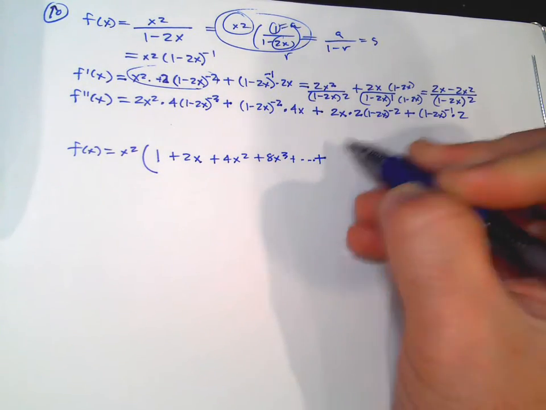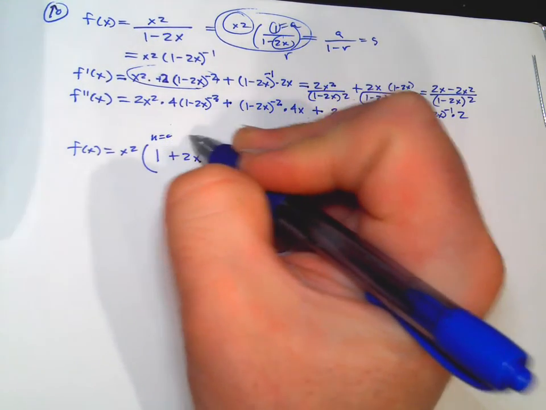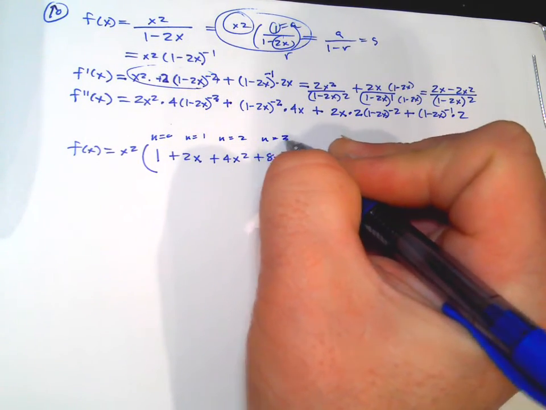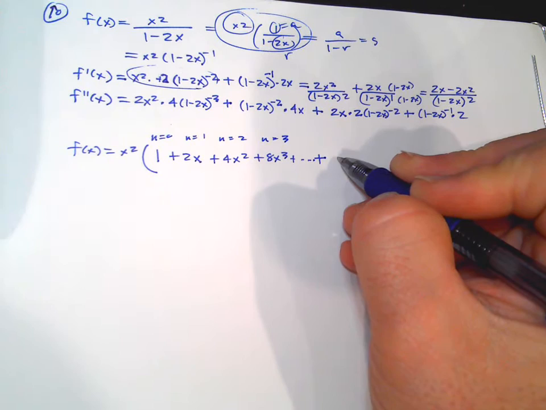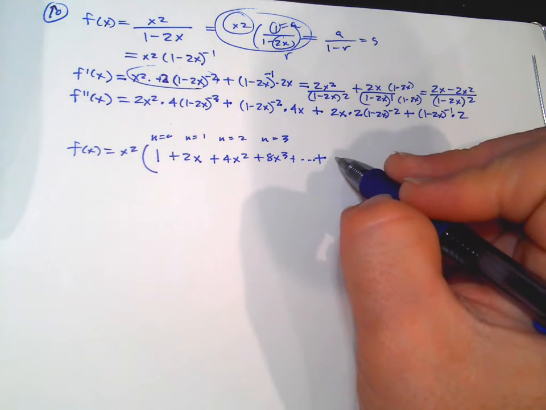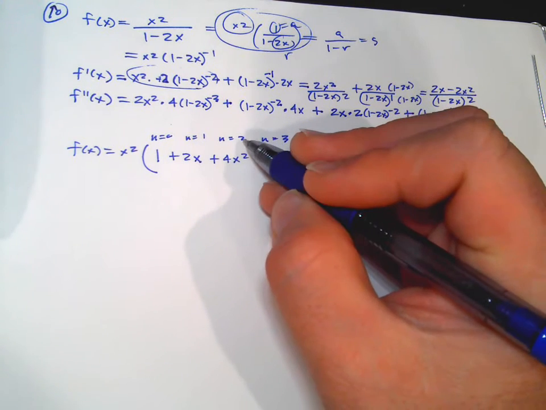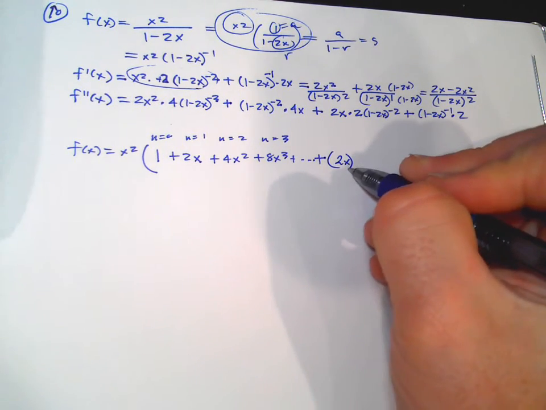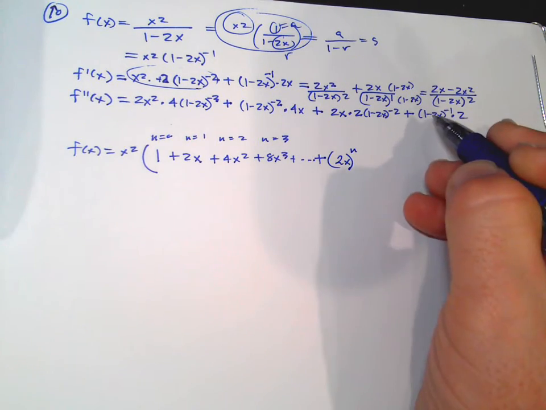The general term, if we start at 0, looks like it's going to be 2x to the nth power, right?